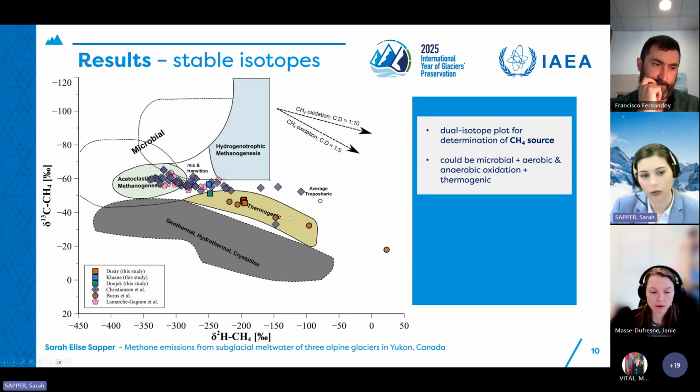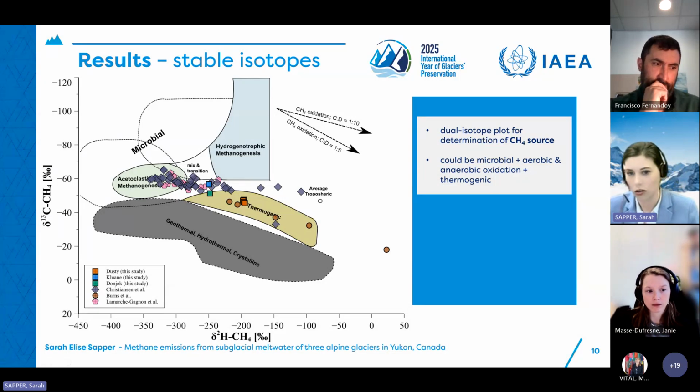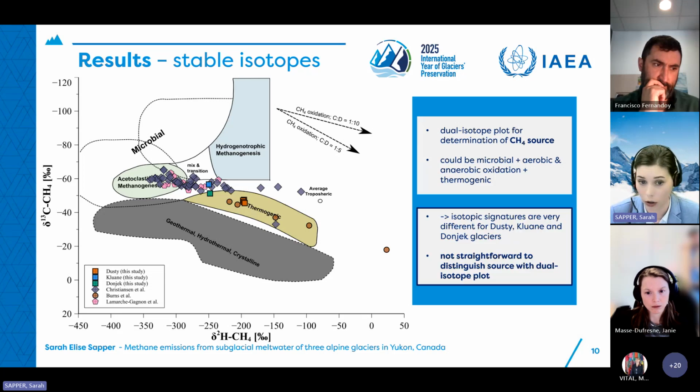However, this transition from the microbial methanogenesis into the thermogenic region can also occur due to oxidation. So just with this dual isotope plot, we could not distinguish exactly what the sources might be, if there is a mixture between different types of methane, different origins, or if there is only just oxidation going on.